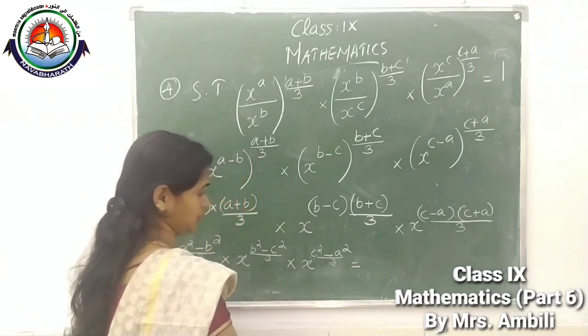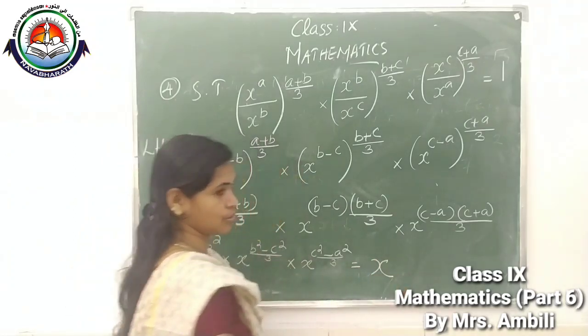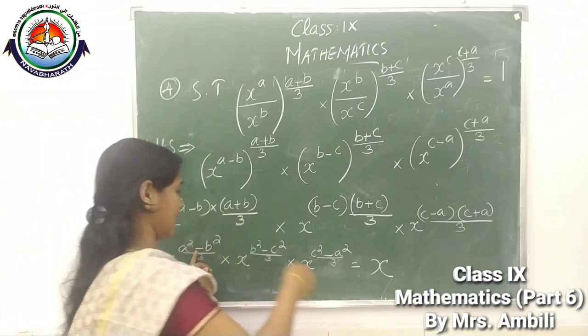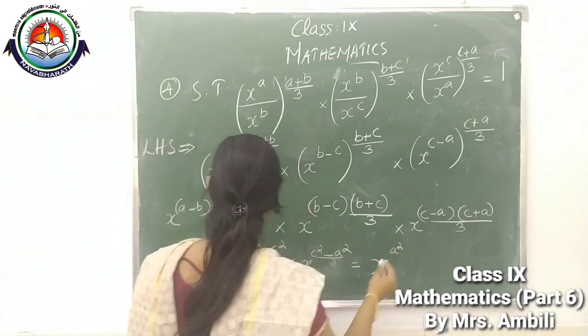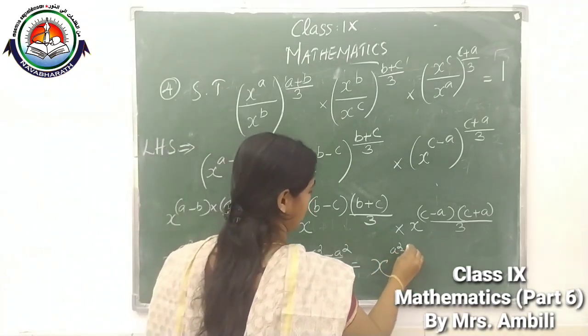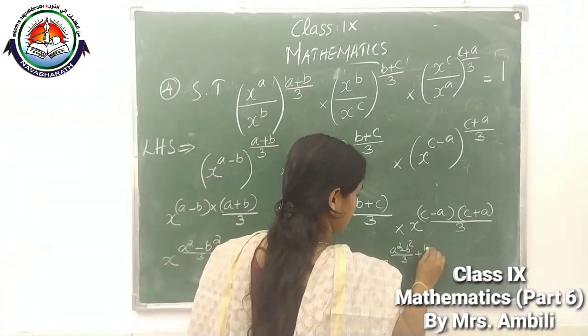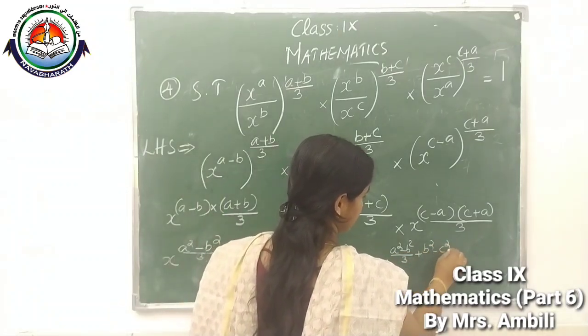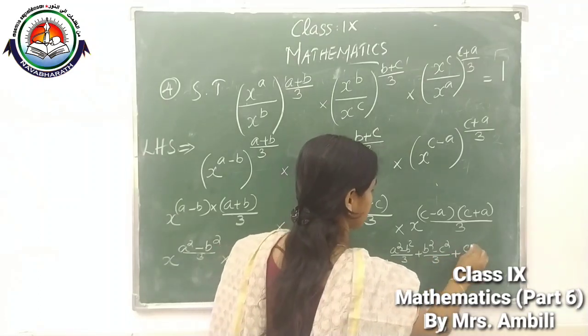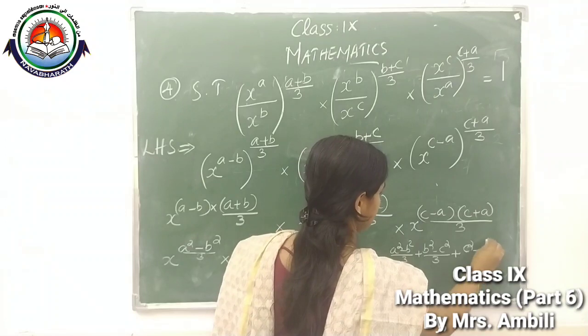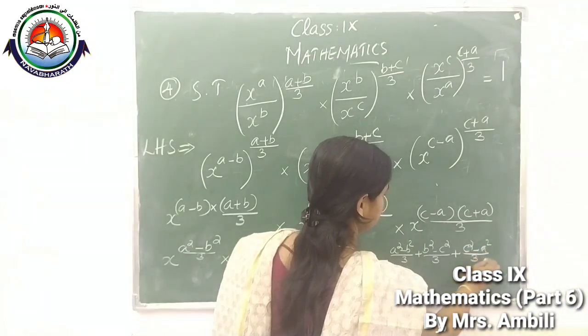So that is equal to x raised to (a² - b²)/3 + (b² - c²)/3 + (c² - a²)/3.